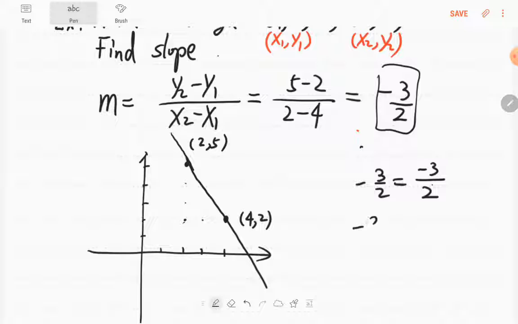You can also treat this as 3 over negative 2. If we start from this point, we go up 3 units, then decrease by 2: 1, 2. It will be here. You can treat the slope in different ways.